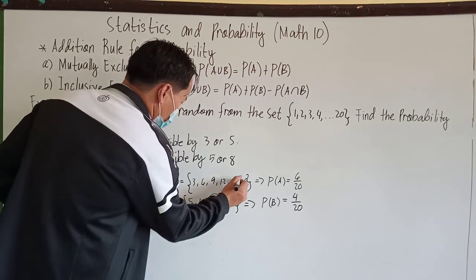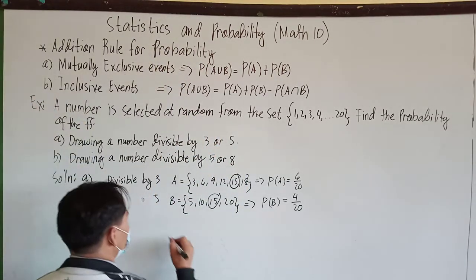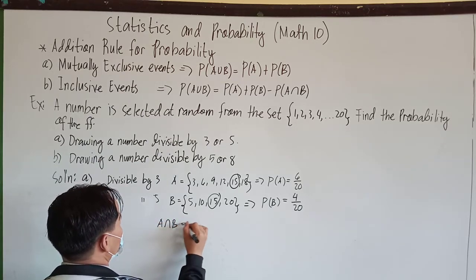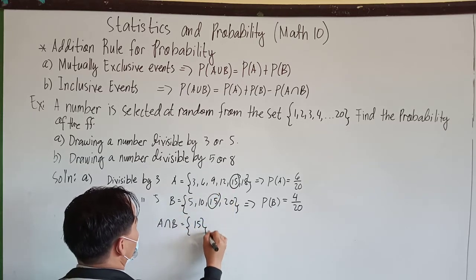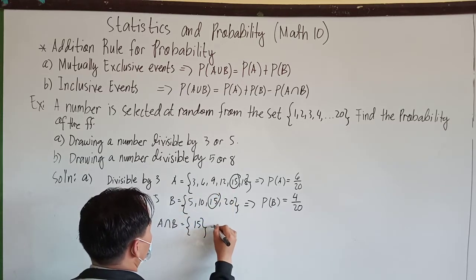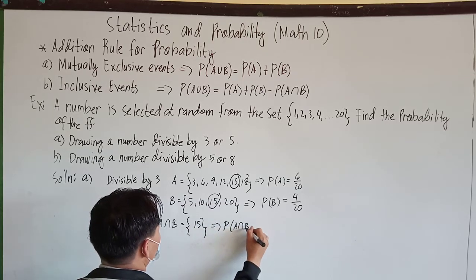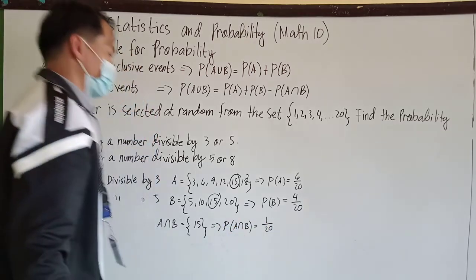There are elements in common between these two events. So therefore, A intersection B is just equal to 15, and the probability of A intersection B is equal to 1 out of 20.